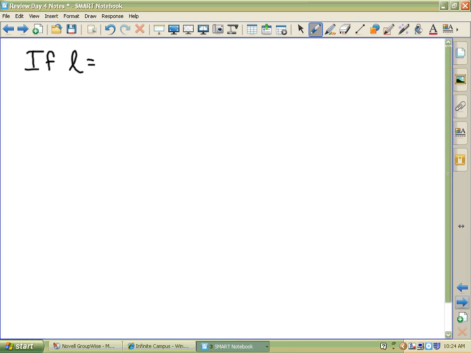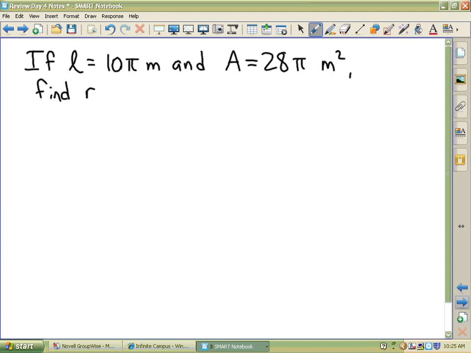Bottom it is. Let's pretend that the length of the arc is 10 pi meters and the area of the sector is 28 pi square meters. Find r and theta.